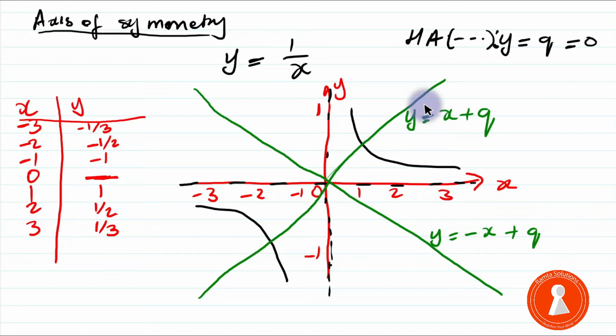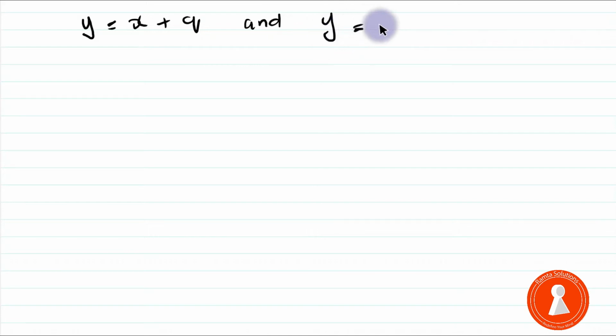One with a positive gradient, and one with a negative gradient. Okay, so let me generalize this. For the hyperbola, our axes of symmetry have the equations y equals x plus q and y equals negative x plus q. Okay, guys?